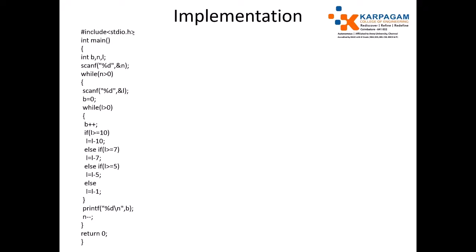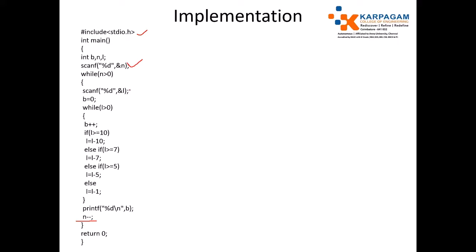For implementation, we can include the header file and get the number of test cases, which is stored in n. Just use while n greater than 0, and at the end of the loop you have to decrement it, don't forget that.